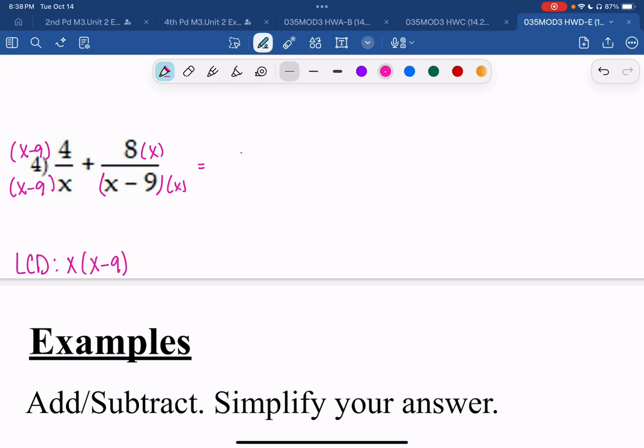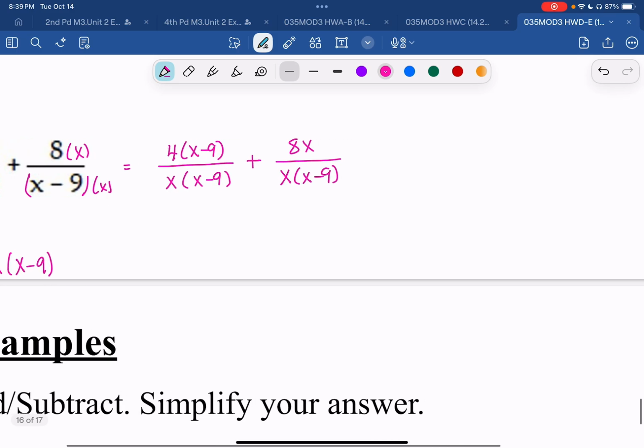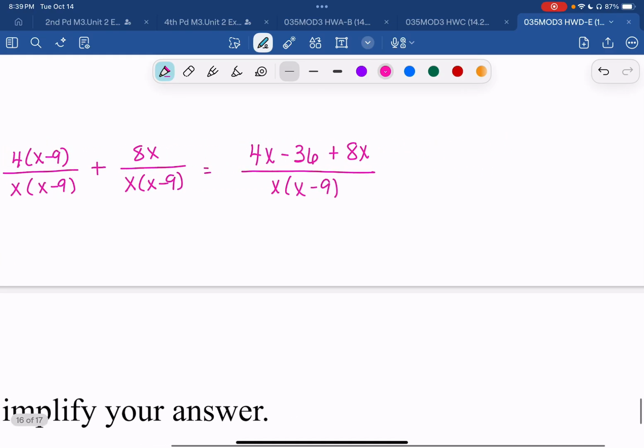So I've got 4 times x minus 9 over x times x minus 9 plus 8x over x times x minus 9. And I've got a common denominator. To combine these, I'm going to need to distribute that first one. So 4x minus 36 plus 8x over x times x minus 9. Okay, combine our like terms.